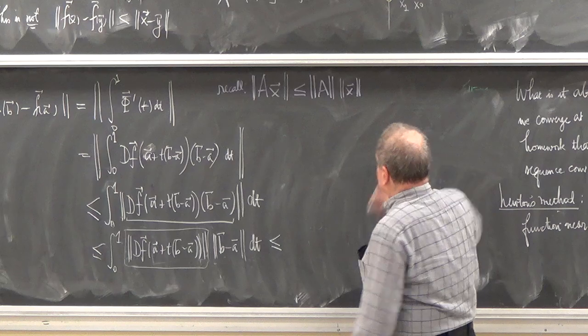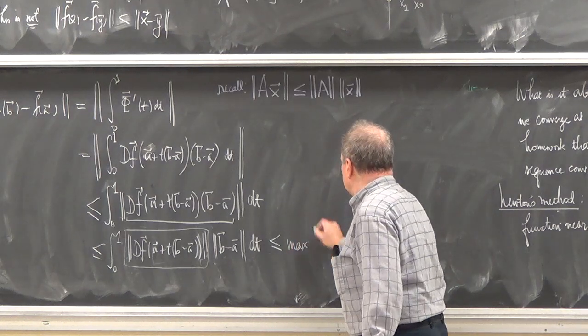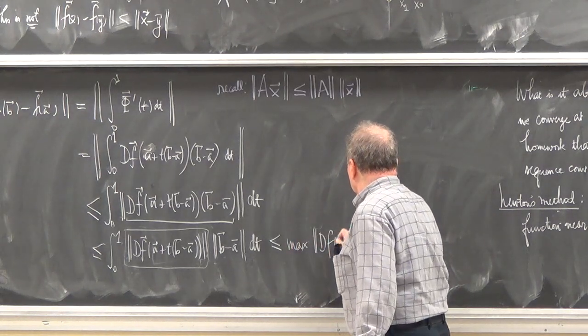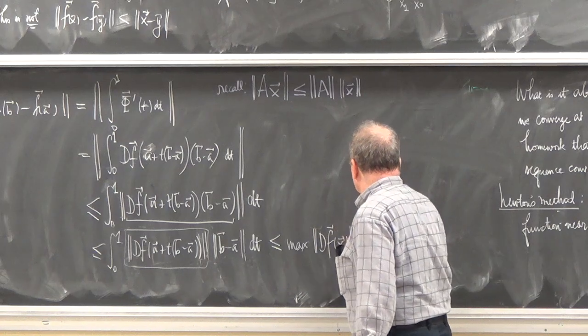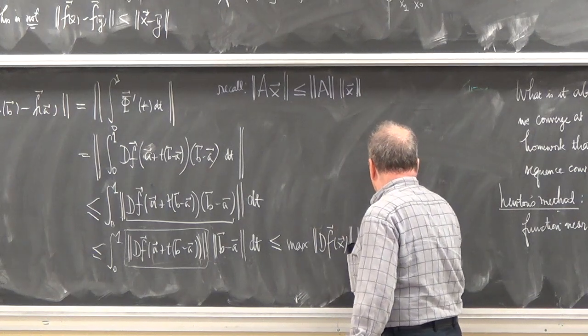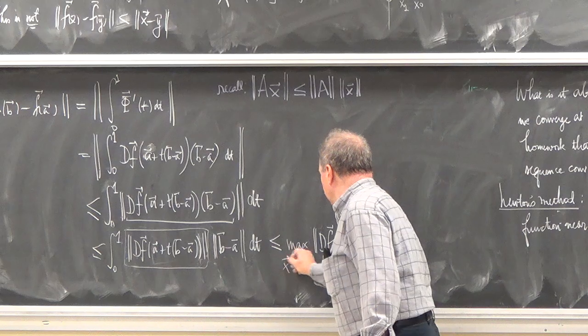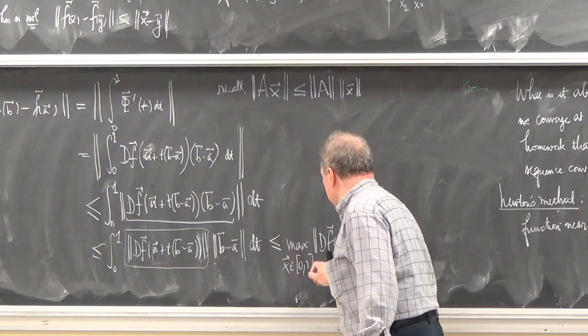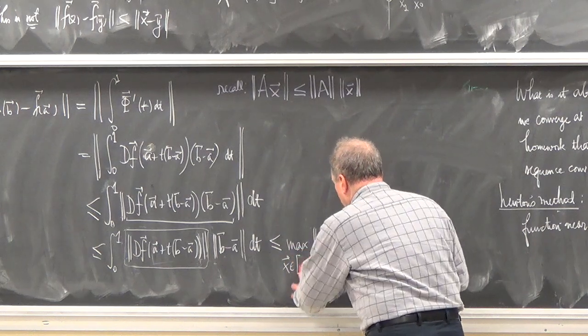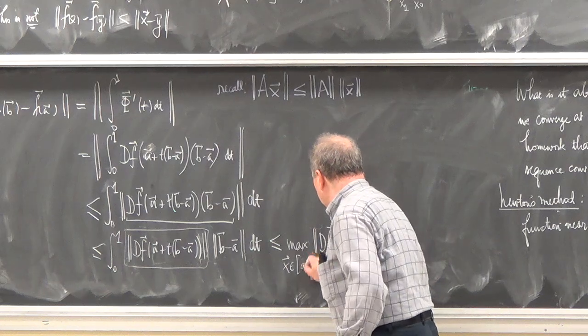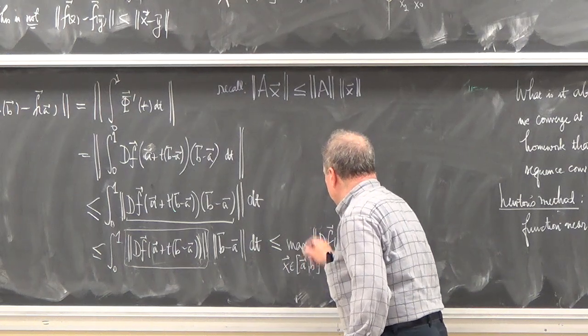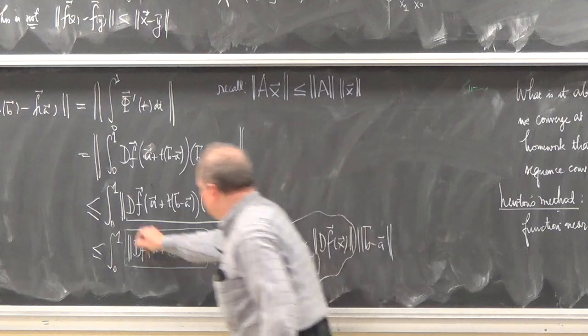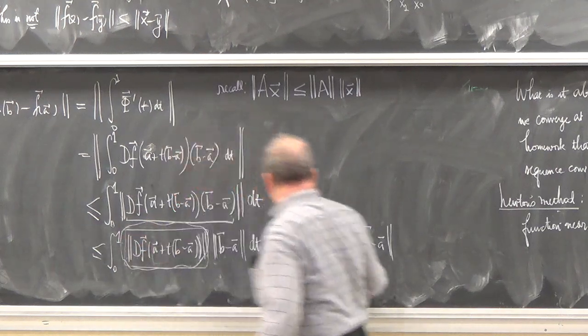That's the constant. Right? Because as t varies from 0 to 1, the point x is varying on the line segment from a to b. So taking the max of this is giving me that.